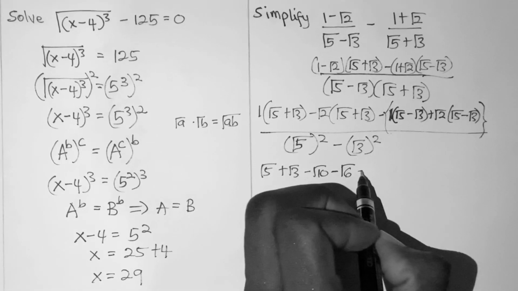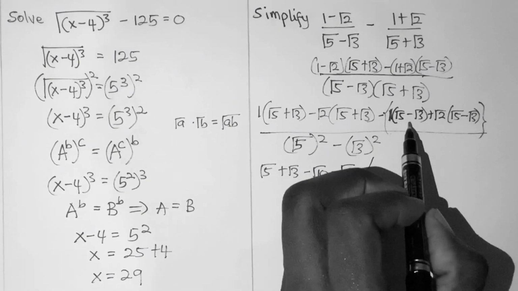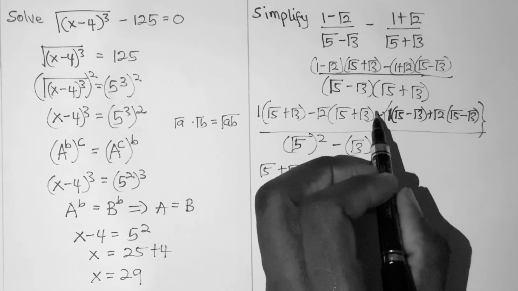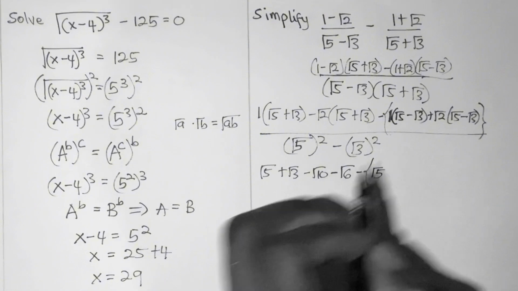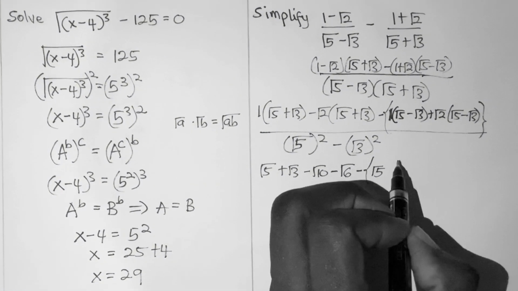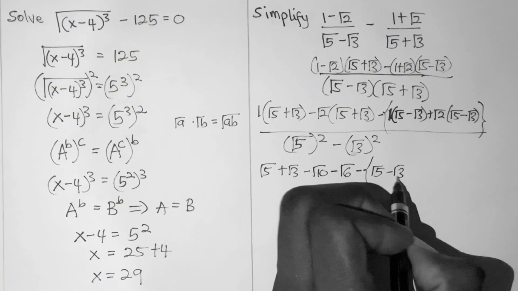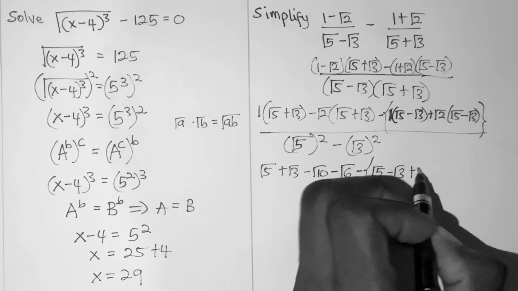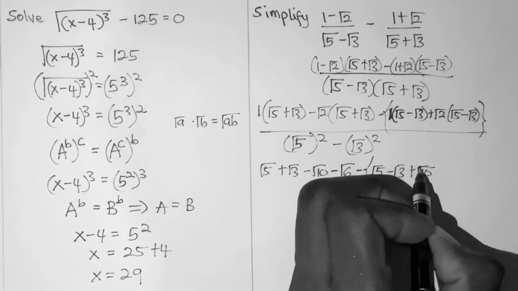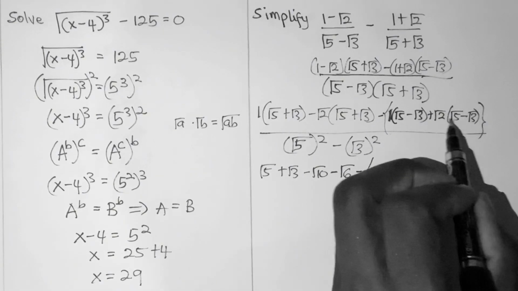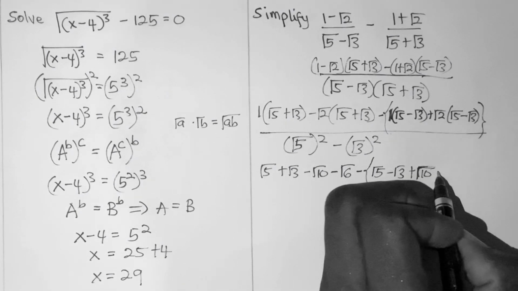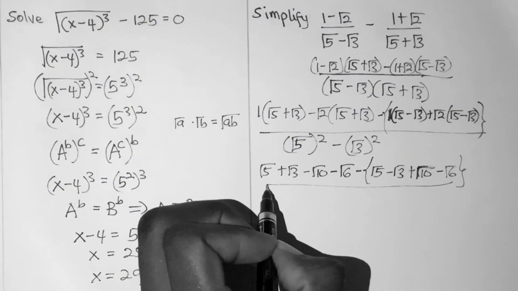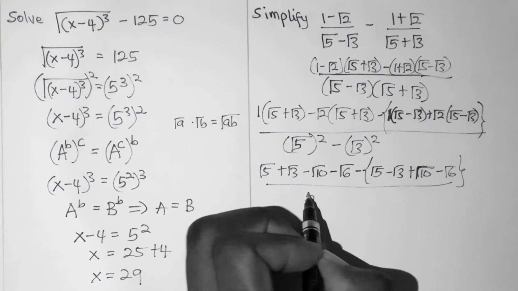Now we have minus, let's bring the bracket again. 1 times root 5 is root 5. Then 1 times minus root 3 is minus root 3. Then root 2 times root 5 becomes plus root 10. Then root 2 times minus root 3 is minus root 6. Bracket close. Divided by, and root 5 squared is 5. Then root 3 squared is 3, so minus 3.